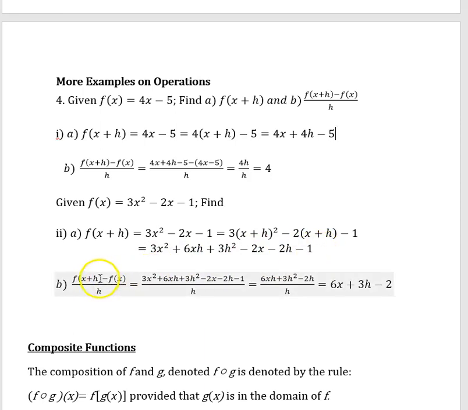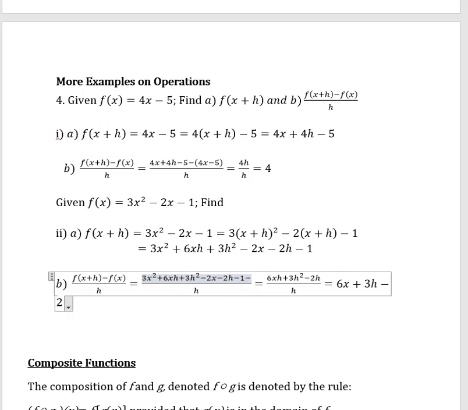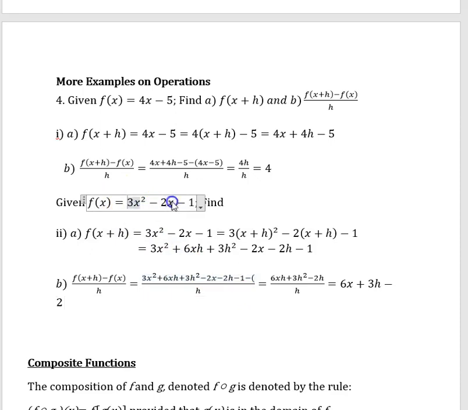The B part there says you should find f of x plus h minus f of x over h. Now, this is my f of x there. I will just repeat it there. Minus my f of x. My f of x will give me 3x squared, which I need to put there, minus the whole of this.